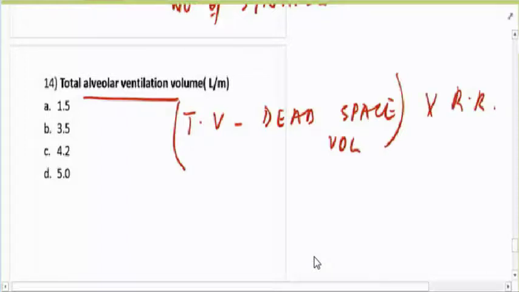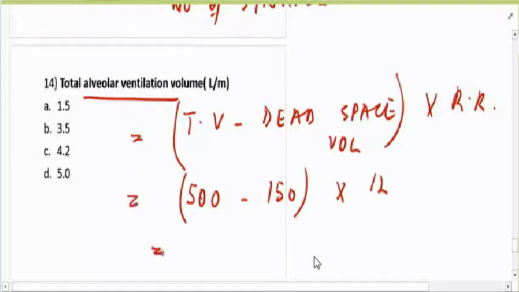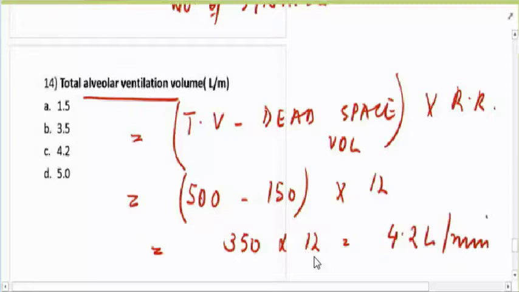So you take tidal volume as 500, dead space volume as 150, and, let's say, a respiratory rate of 12. This gives you 350 into 12, which is approximately 4.2 liters per minute. So your answer becomes 4.2 liters per minute.